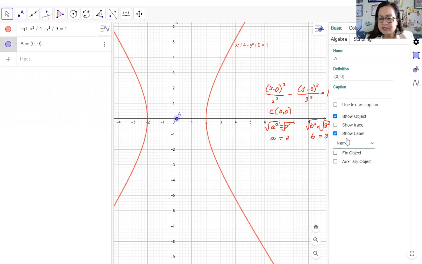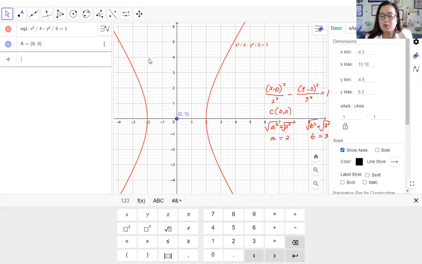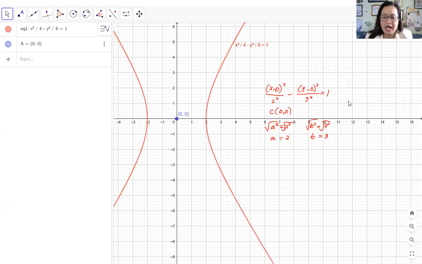From the center, we would be able to determine also the other important points like the vertices. We know that in the equation, a equals 2, and a is the distance of the vertices from the center. If we move to the right, then we will have plus 2.